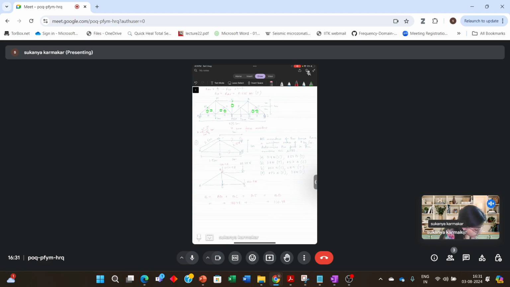Then consider the member BE. The length is 2 meter. So the contribution will be 78.48. Now consider the member AB. The length is 2.5 into 8 into 9.81 divided by 2.